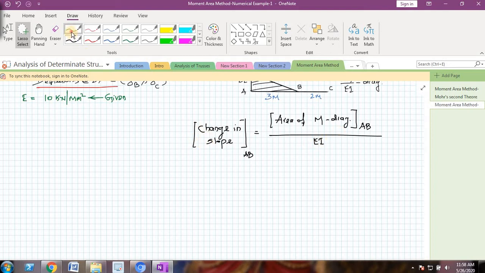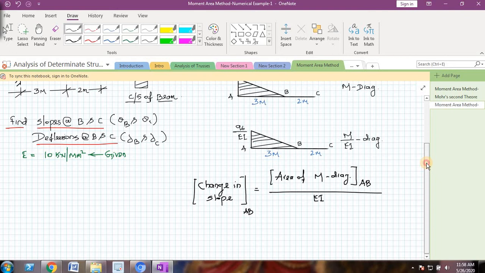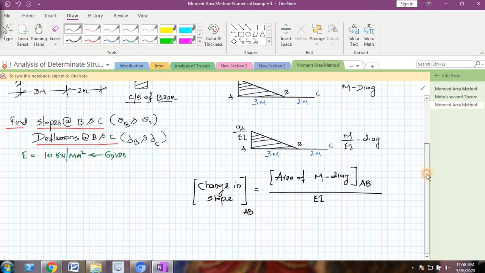The change in slope between A and B, in our case exactly A and B, I can write as theta B minus theta A is equal to the area of the M by EI diagram between A and B.